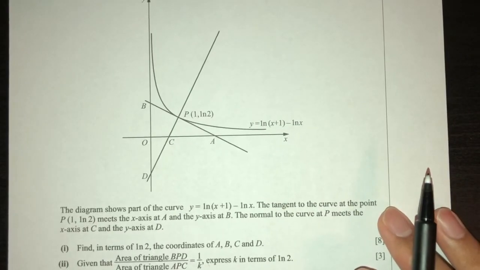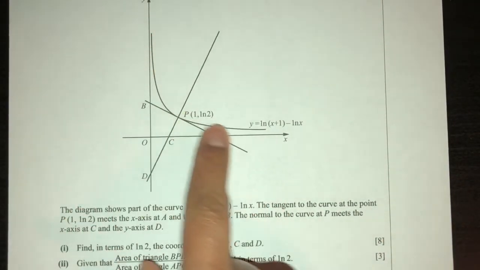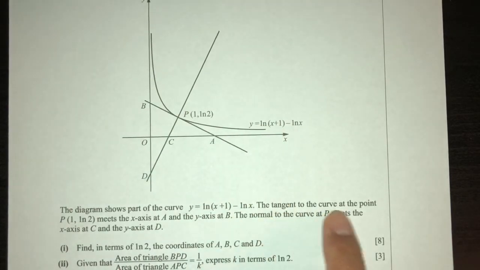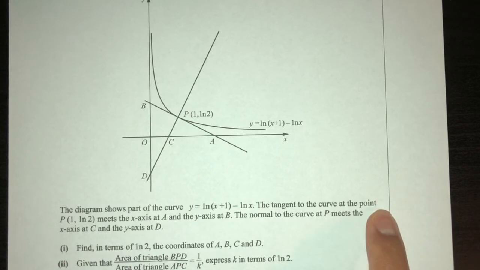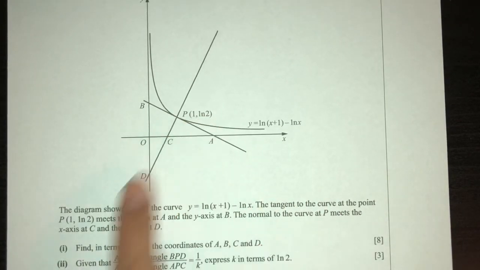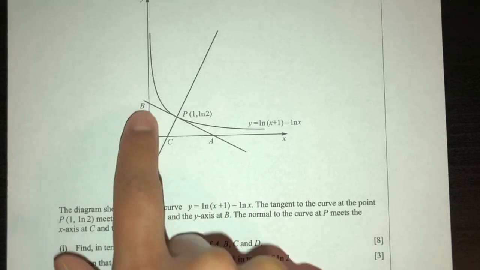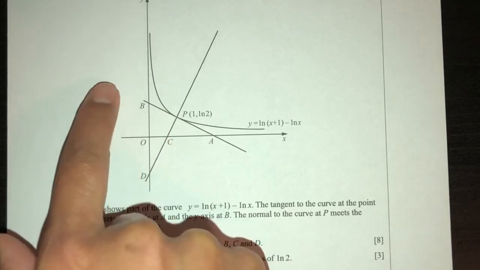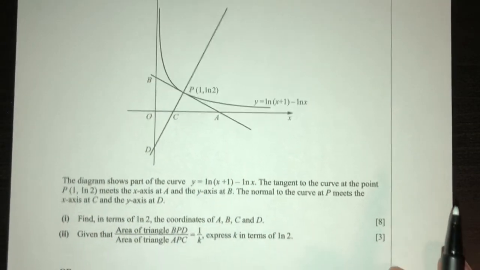So here we have what? We have a curve. This is the curve, as you can see here. And we have the tangent to the curve at this point. That's the tangent to the curve. And this line here goes through the point P. It meets the x-axis at A and the y-axis at B. So we have these 2 points, which are cut by the tangent at the point P. Okay, that is good to know.